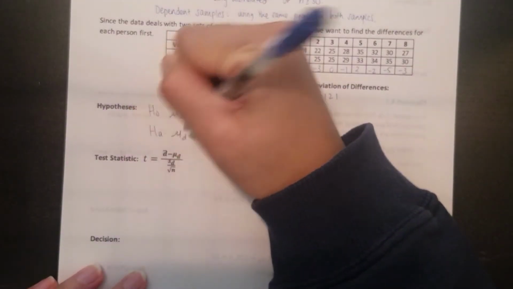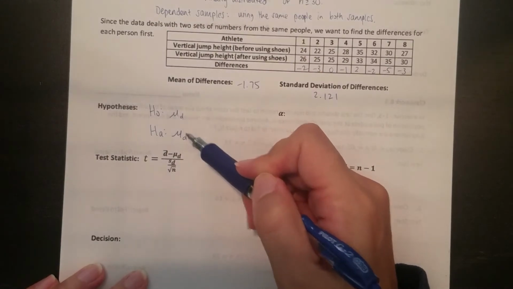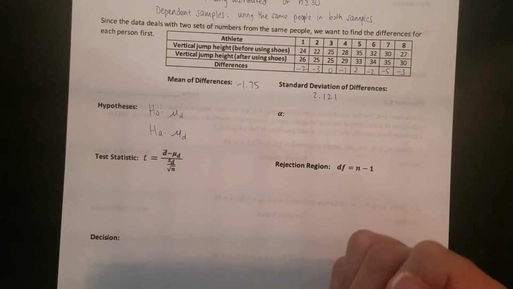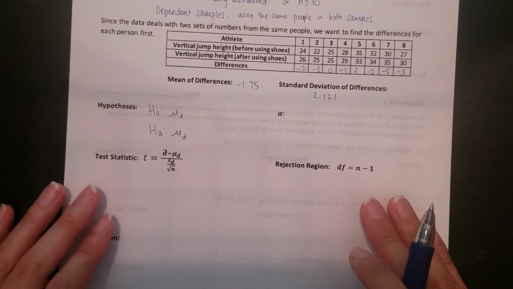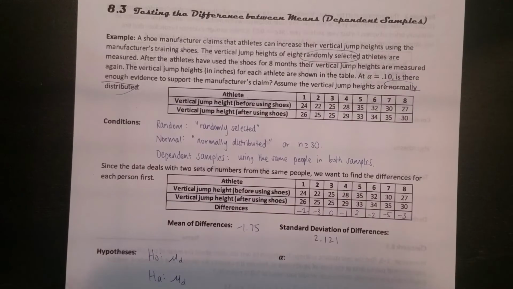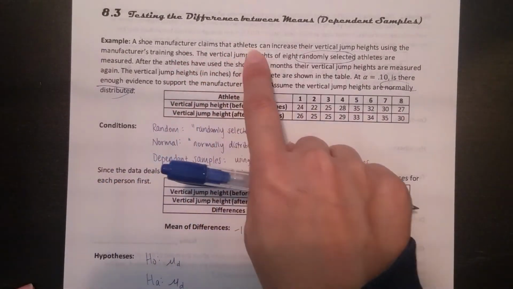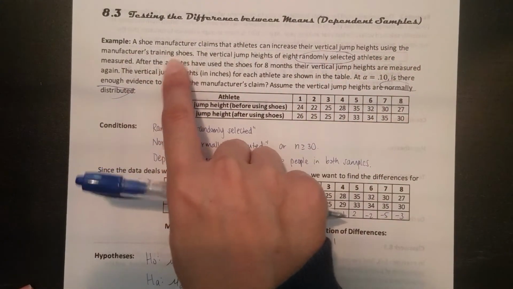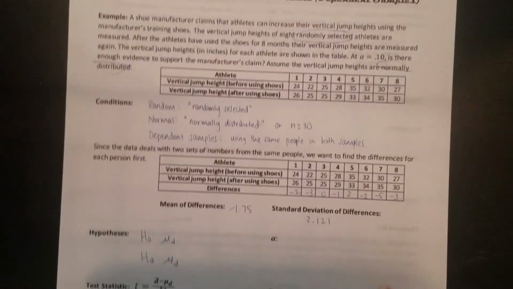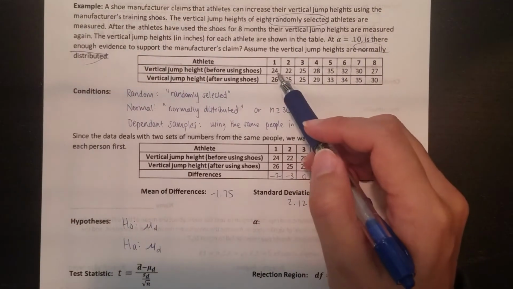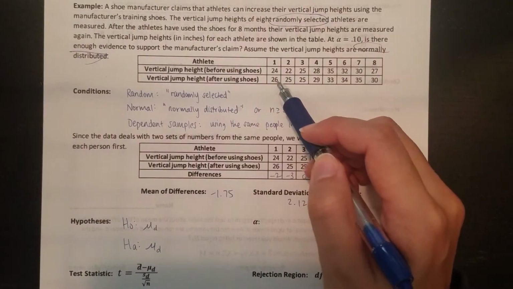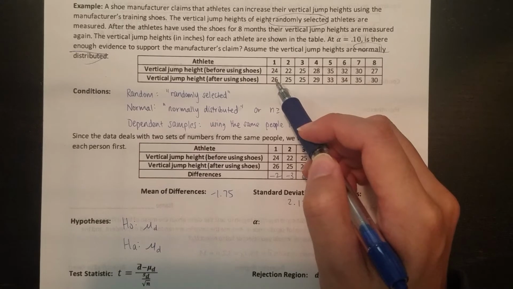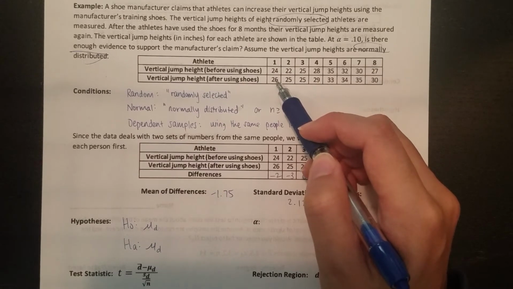So we're saying the mean of the differences, and then we're going to do greater than, less than, all of that. So I'm going to look back at my original problem. The claim was that the athletes can increase their vertical jump heights using the manufacturer's training shoes. So if their jump heights are increasing, whatever number they had before, the after number should be higher, because you're jumping higher.